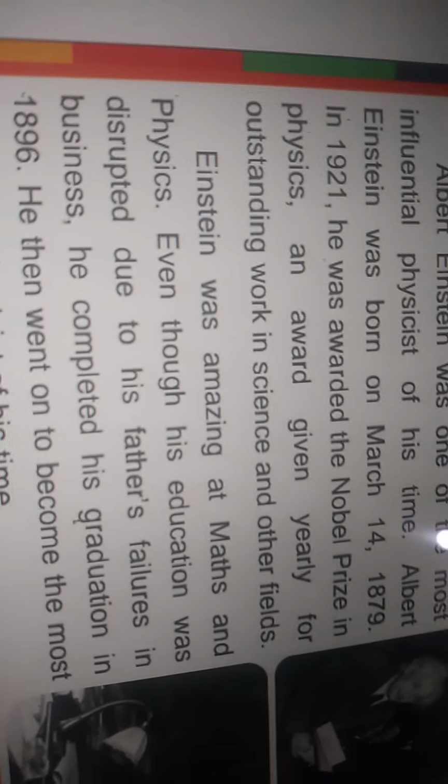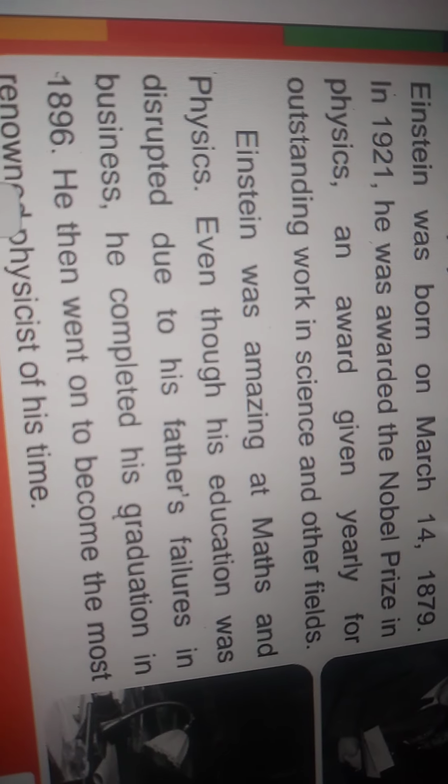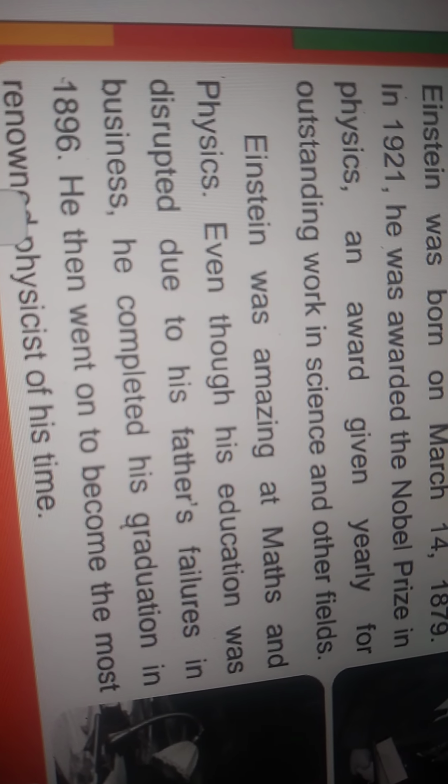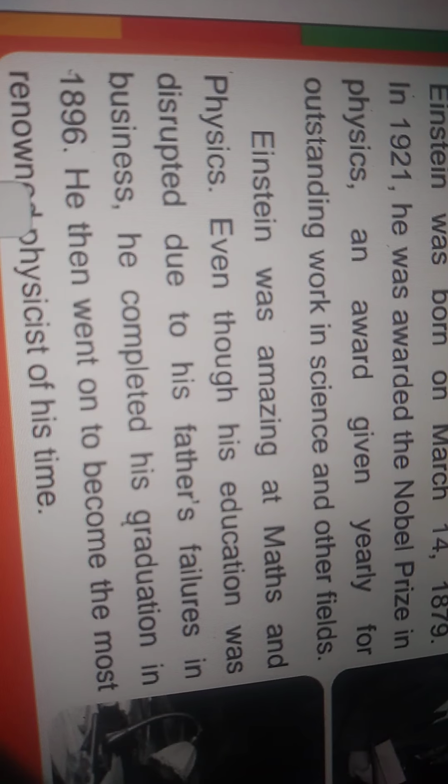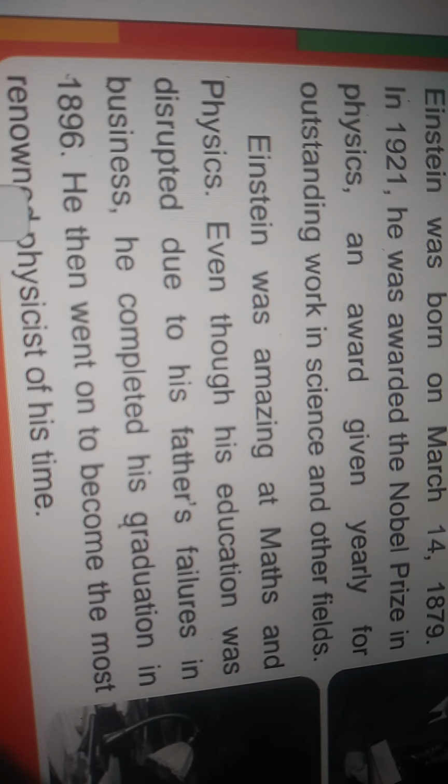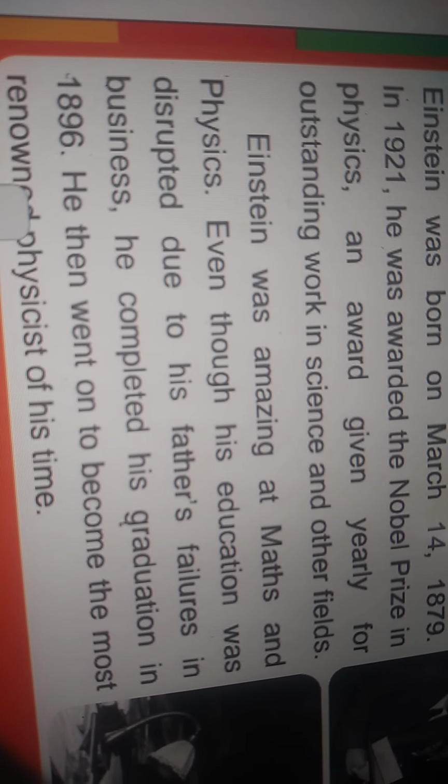Einstein was amazing at maths and physics. So he was great at maths and physics. Even though his education was disrupted due to his father's failure in business, he completed his graduation in 1896. Disrupted, stopped.